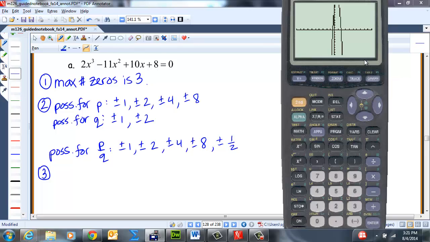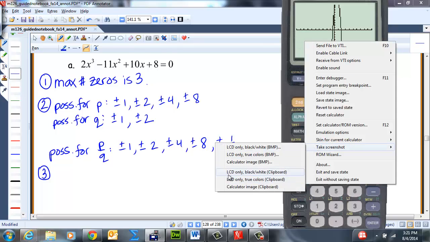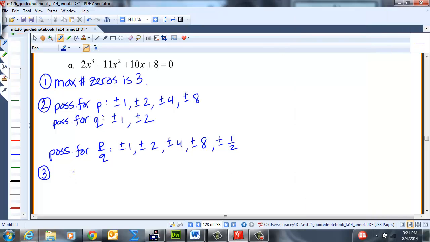I'm looking over here. And you know if it works out, of course, when you divide, if you get a 0 remainder, you know it worked out. So here, we're in a standard scale.